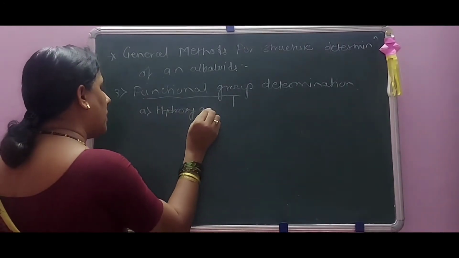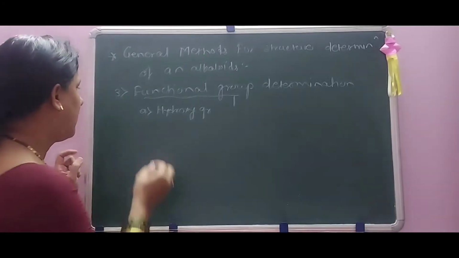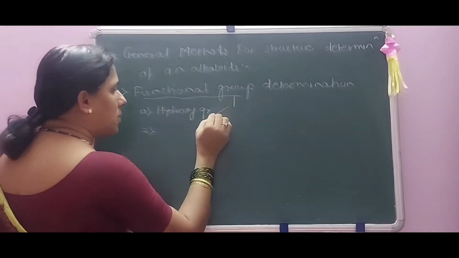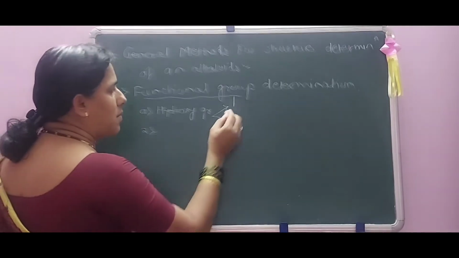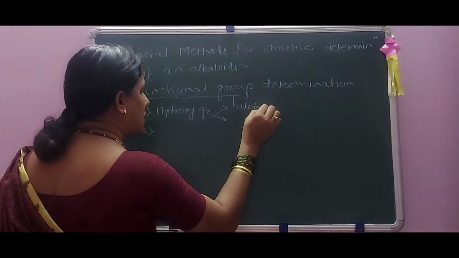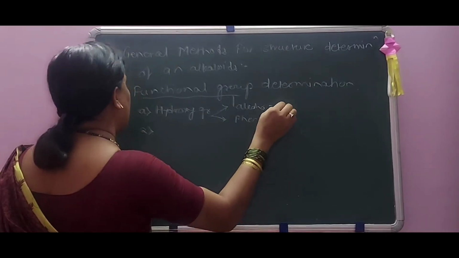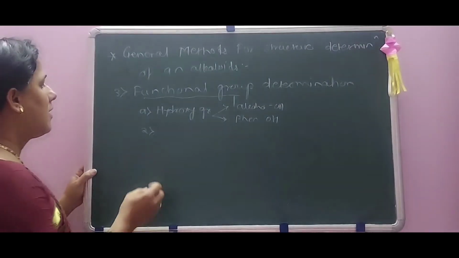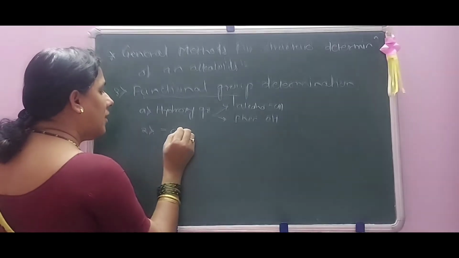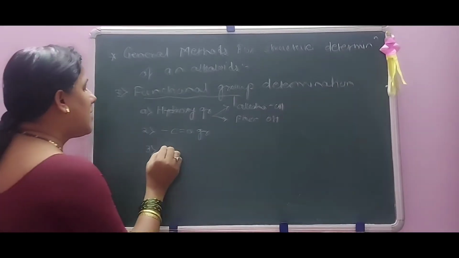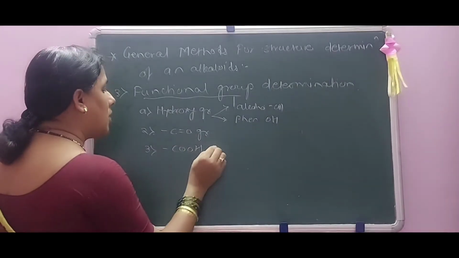This hydroxy group is of two types: alcoholic OH and phenolic OH. Then we can take the second group, the ketonic group. Third, the carboxylic group.